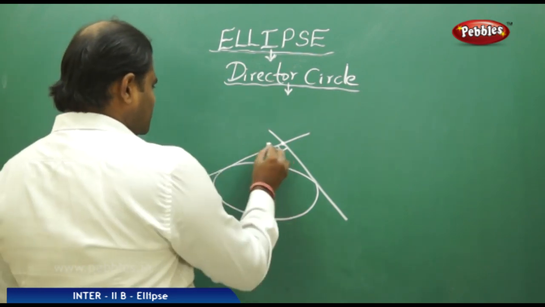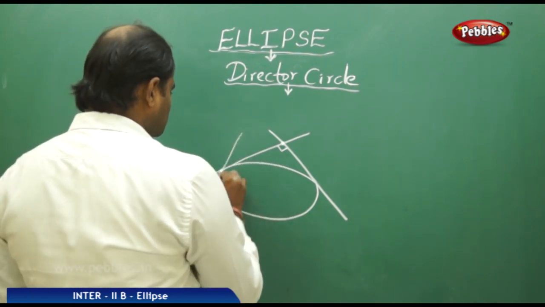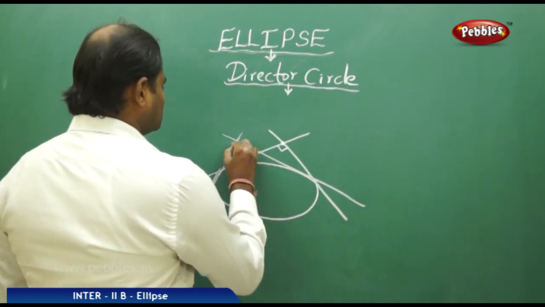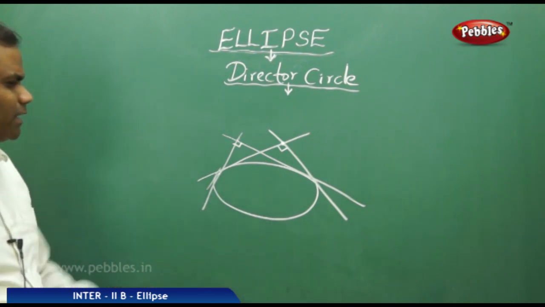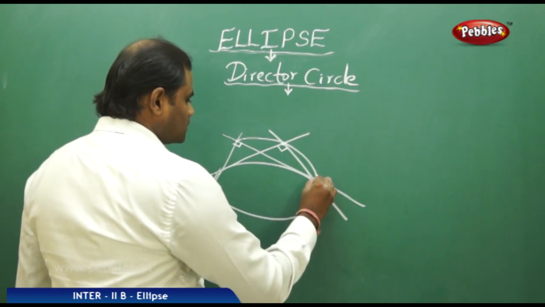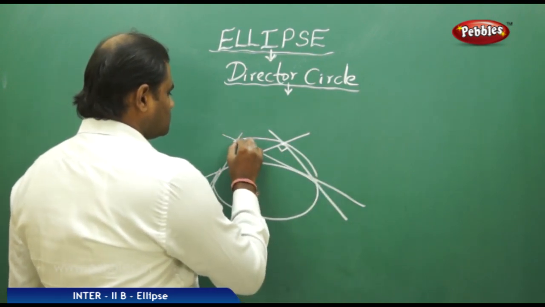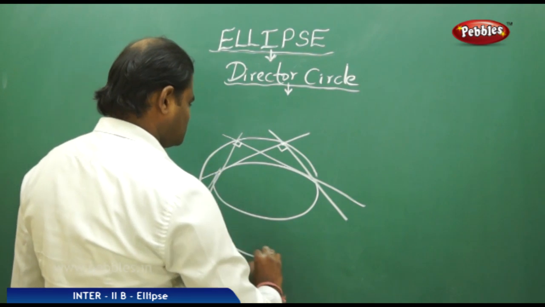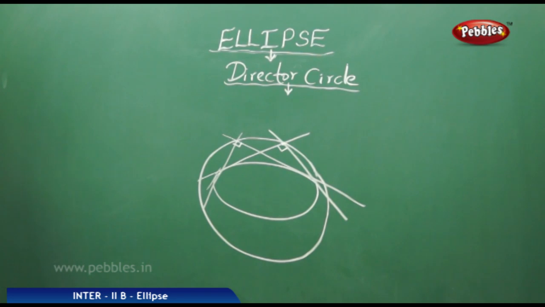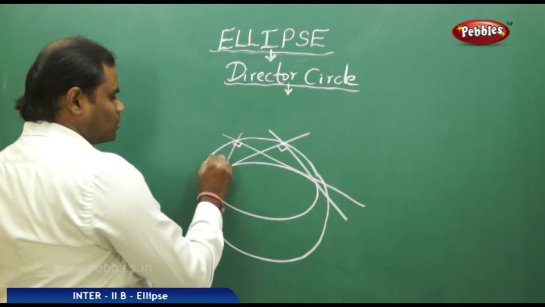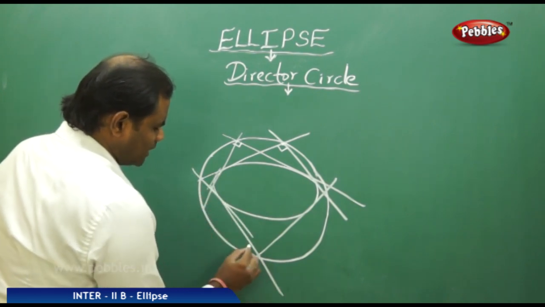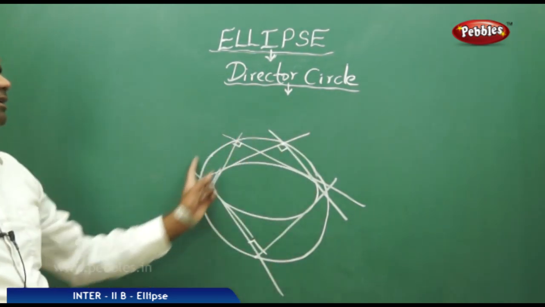And similarly, let me take another point from where the 2 tangents are perpendicular to each other. So the pair of tangents which are perpendicular, the locus forms a circle around the ellipse. It forms a circle around the ellipse, and this locus of all pairs of tangents which are perpendicular with respect to the ellipse is said to be a director circle.